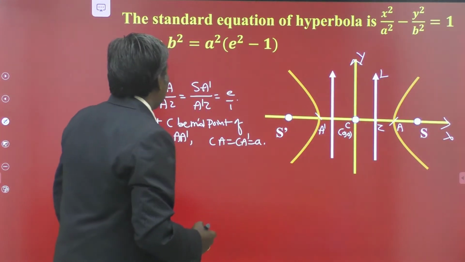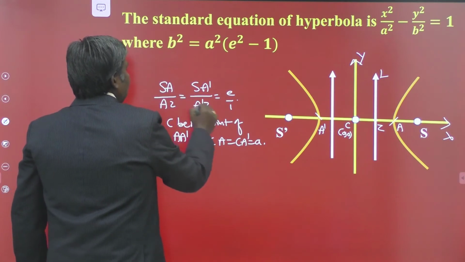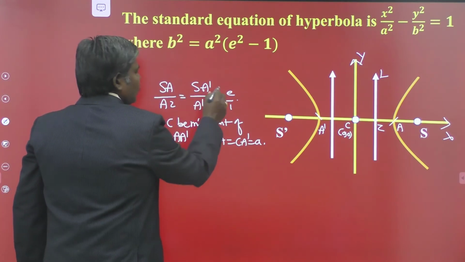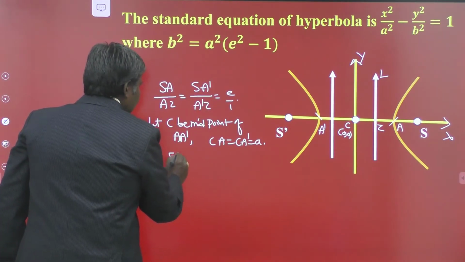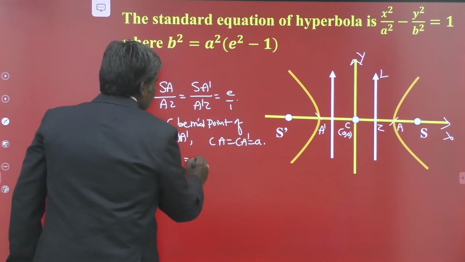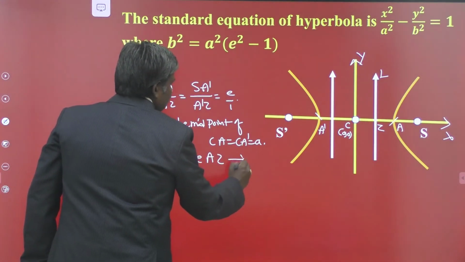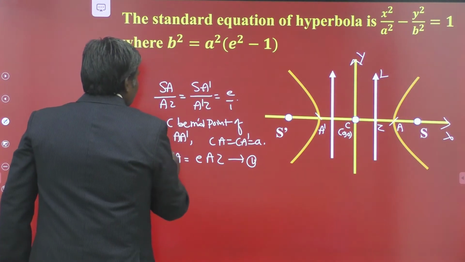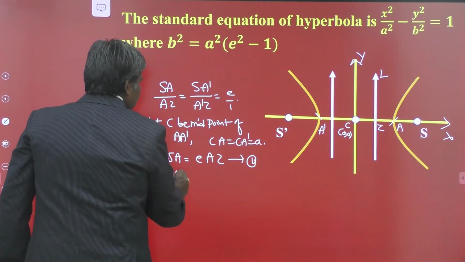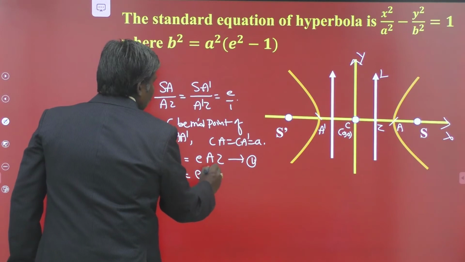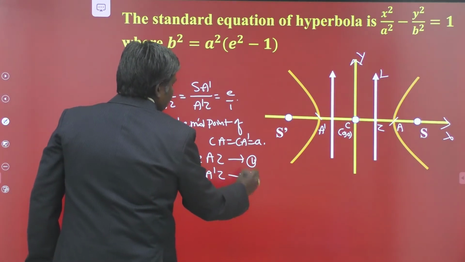Understand? Now we have the condition: SA by AZ is equal to E, so SA is equal to E into AZ. This is equation number 1. Again, SA dash is equal to E into A dash Z. This is equation number 2.